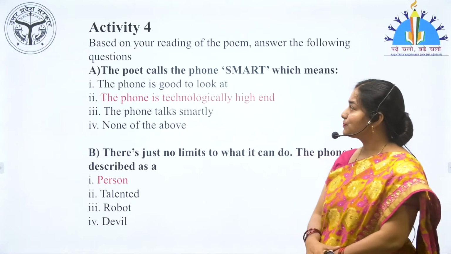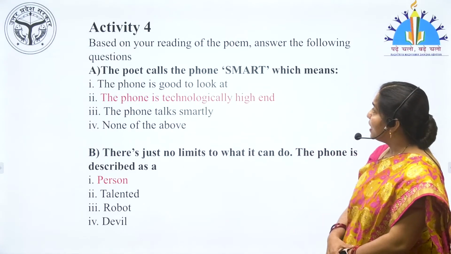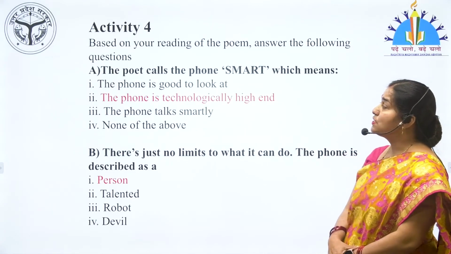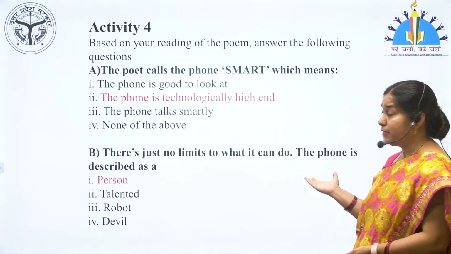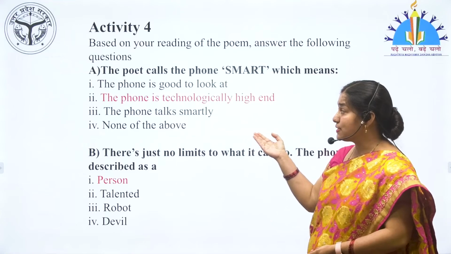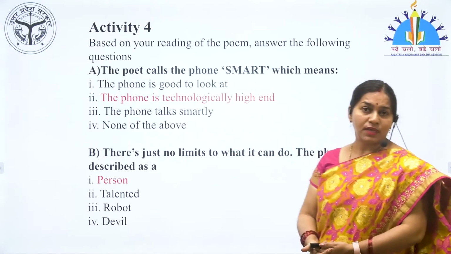Activity 4. Based on your reading of the poem, answer the following questions. The poet calls the phone smart, which means the phone is good to look at, the phone is technologically high-end, the phone talks smartly, or none of these.